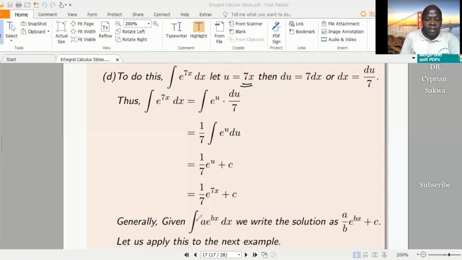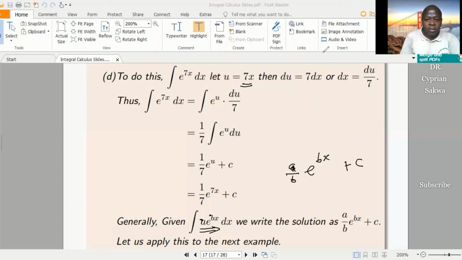So if I'm given to integrate a times e raised to bx, I can do this mentally: my result will be a out of b, e raised to bx plus c. So you get this constant over the coefficient of x, then e raised to bx, then add the constant.